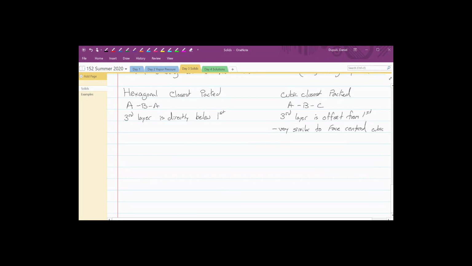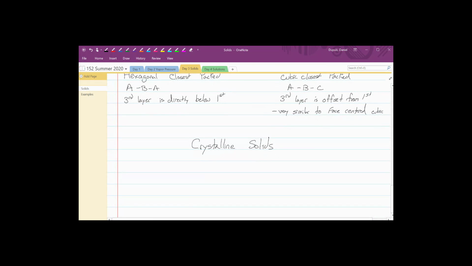All right. So crystalline solids. Three types: molecular, ionic, and atomic.